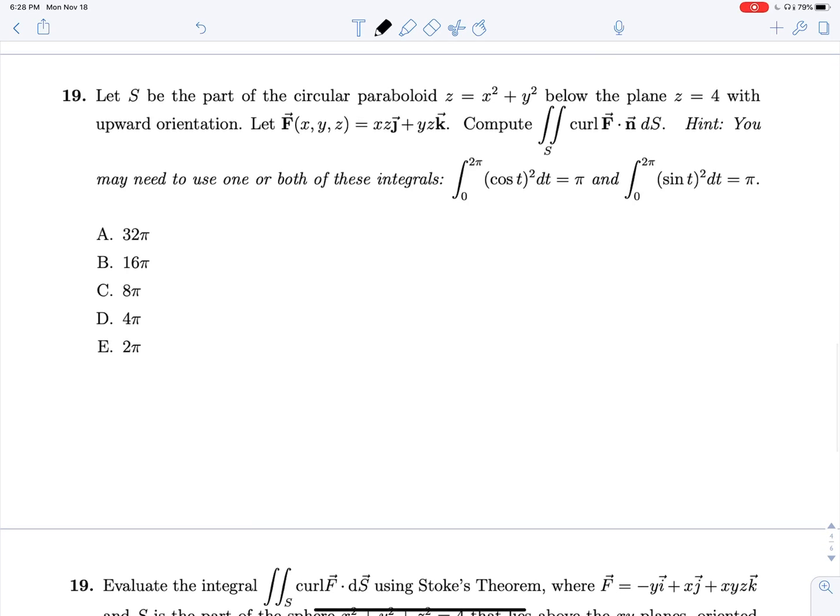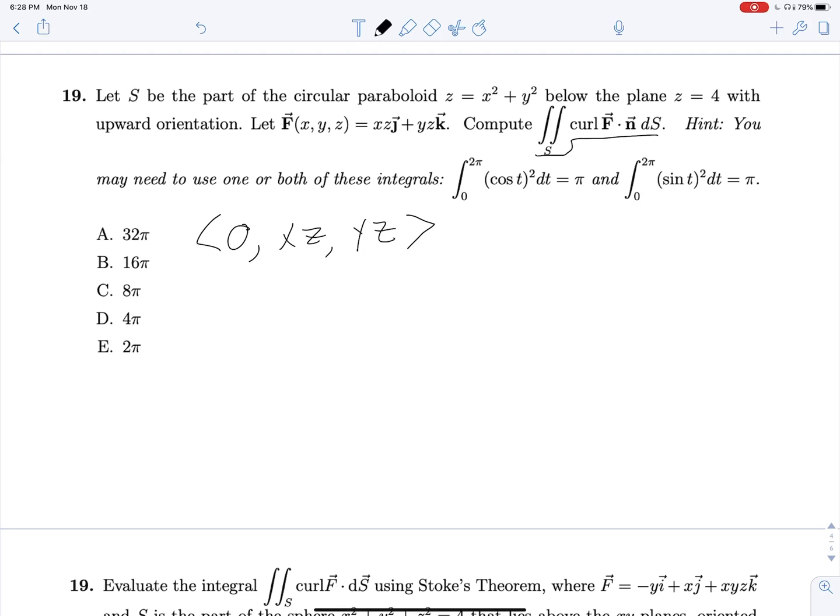Okay, let S be part of the circular paraboloid below the plane z equals 4 with upward orientation. And then let's just write our f out because the I is 0, so we've got to have that down somewhere to remember it. It's going to be 0, comma, xz, comma, yz. And now we're computing Stokes' Theorem over here.